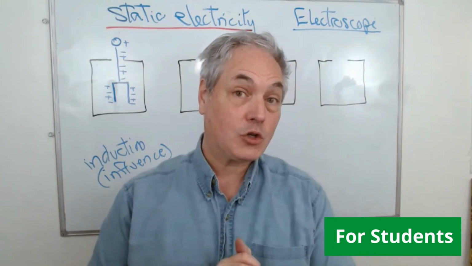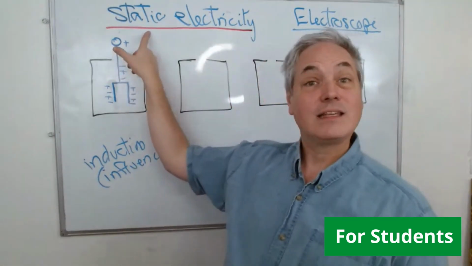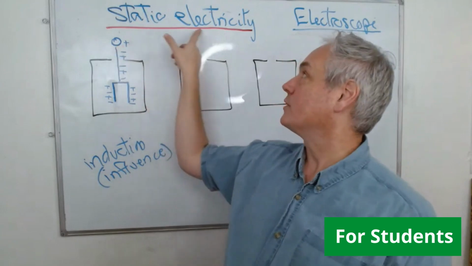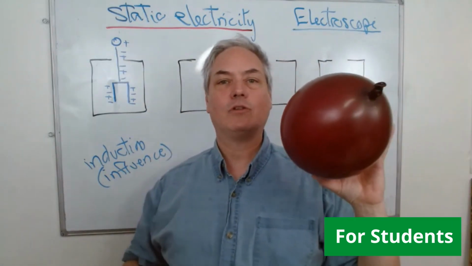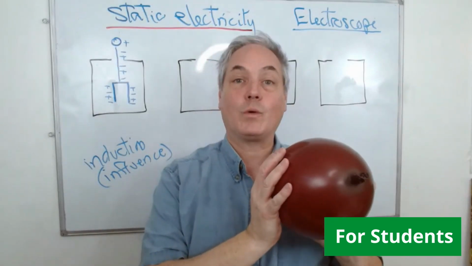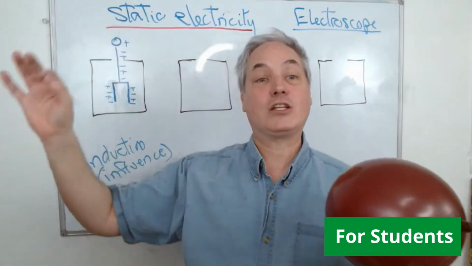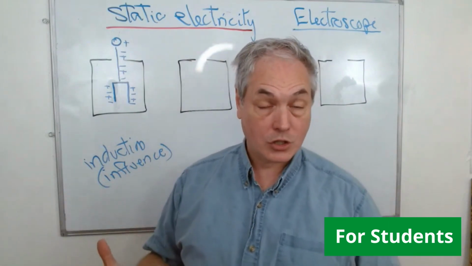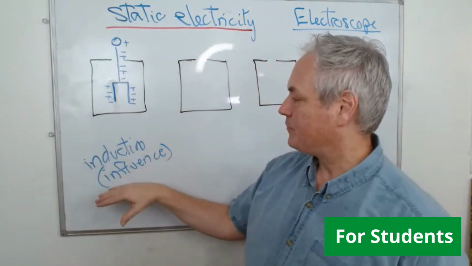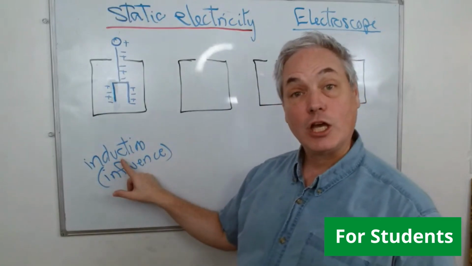So the vocabulary we're going to use today includes static electricity. It's about electrons that, when they go on an insulator, they stay put and they have nowhere to go unless they are in contact with another substance or a conductor where the electrons can leave. We also have the word induction.